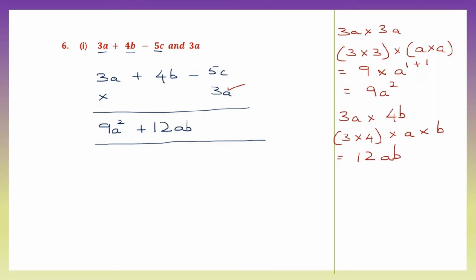Let's multiply 3a into 5c. Now let's take that 5c or minus 5c. We can put that sign down there. 5c into 3a. So let's take the numbers 5 into 3. Then let's take the a. There's only one a. And let's take the c. There's only one c. So 5 3s are 15ac. So here the minus sign is there. Let's put the minus sign and write 15ac.